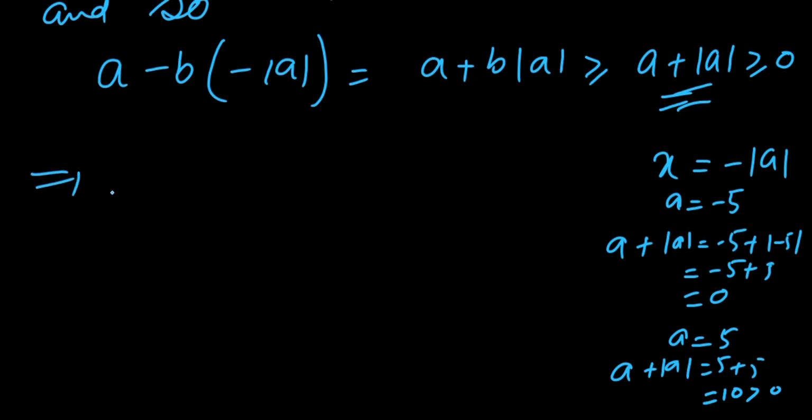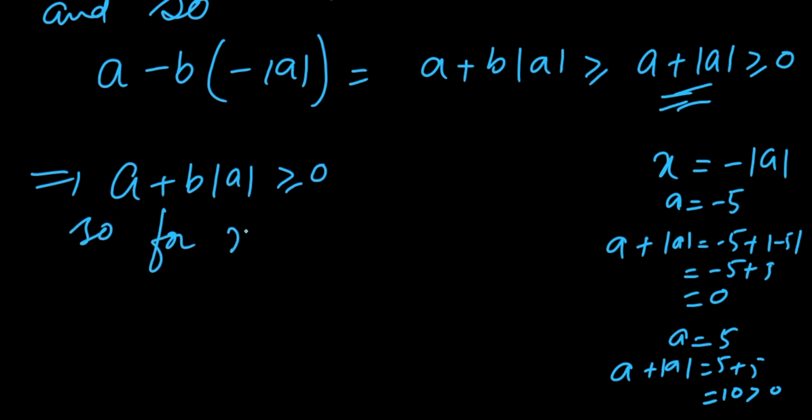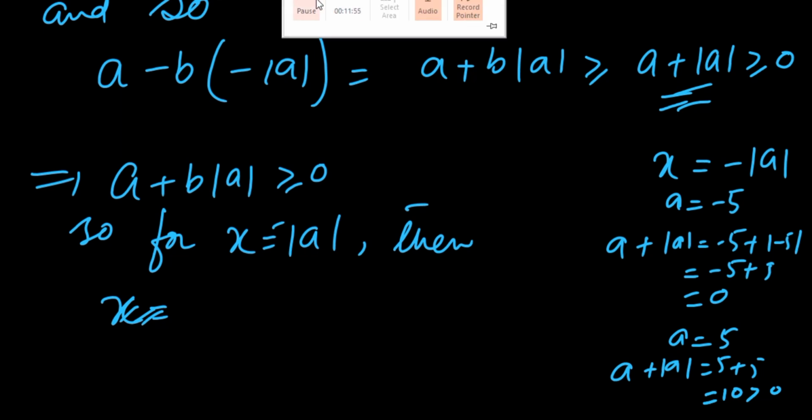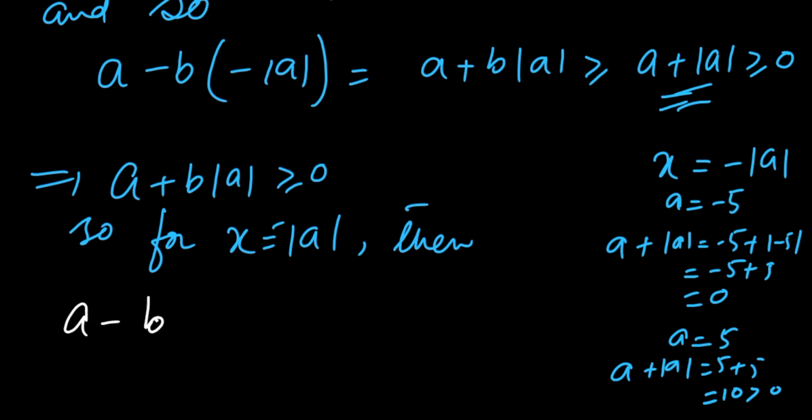And this shows A plus B into |A| is greater than or equal to 0. So for x equal to, sorry, minus |A|, the number A minus bx is greater than or equal to 0.